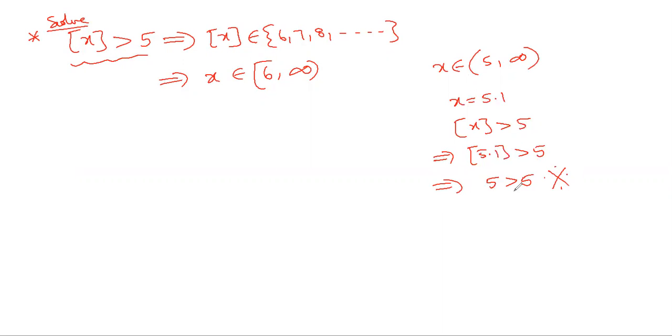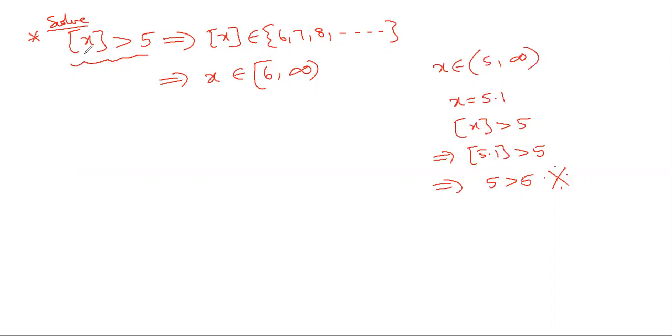That is why you can't take any number between 5 to 6. Numbers between 5 to 6 are greater than 5, but their integral part is not greater than 5. Their integral part is equal to 5. So that's why you write this middle step.